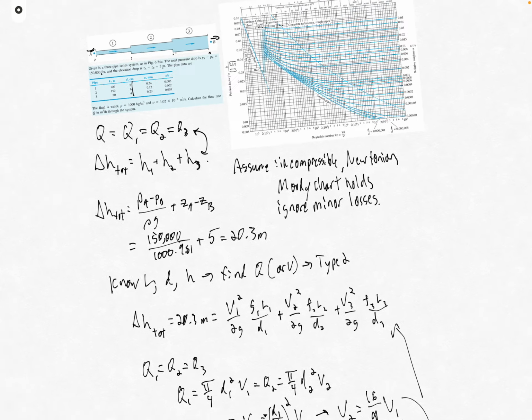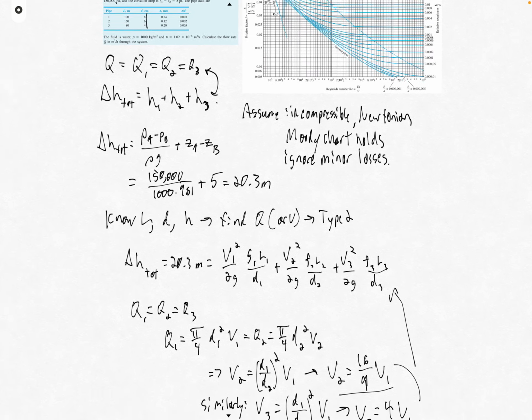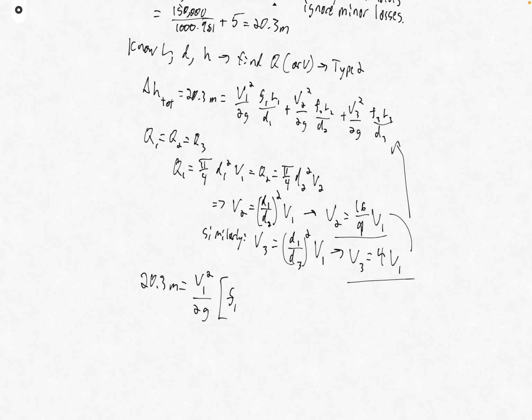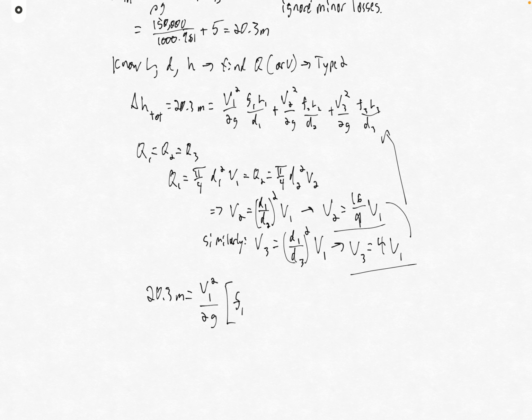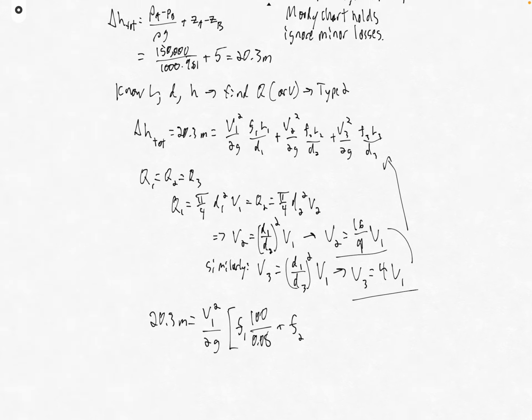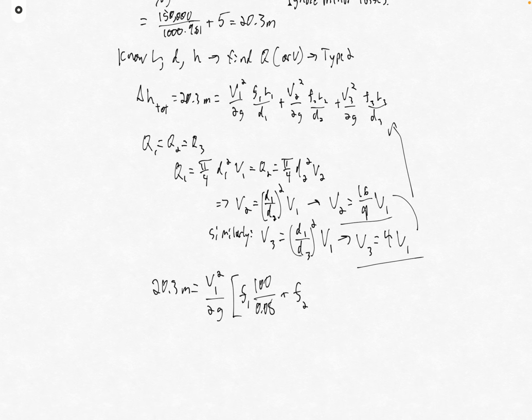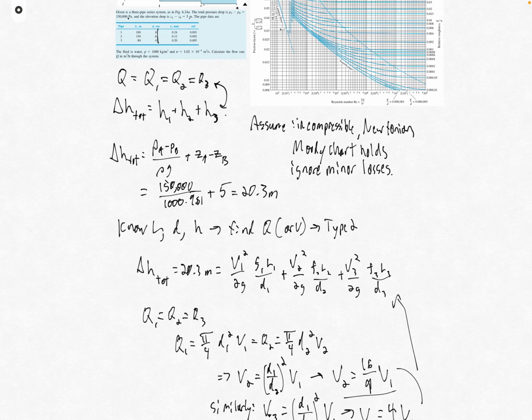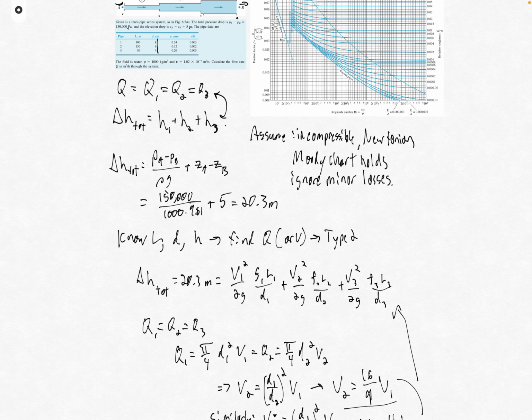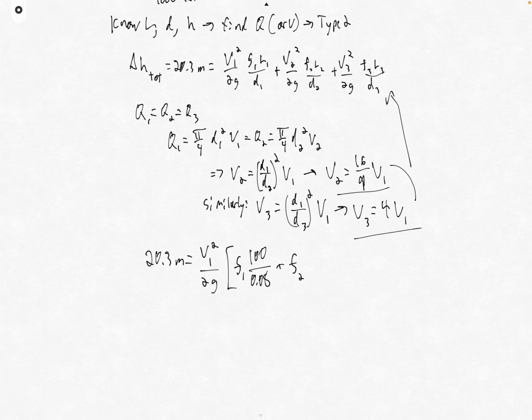L1 is 100 meters and D1 is 8 centimeters. So f1 times 100 over 0.08 plus f2 times, first of all, L2 over D2, so 150 over 0.06.